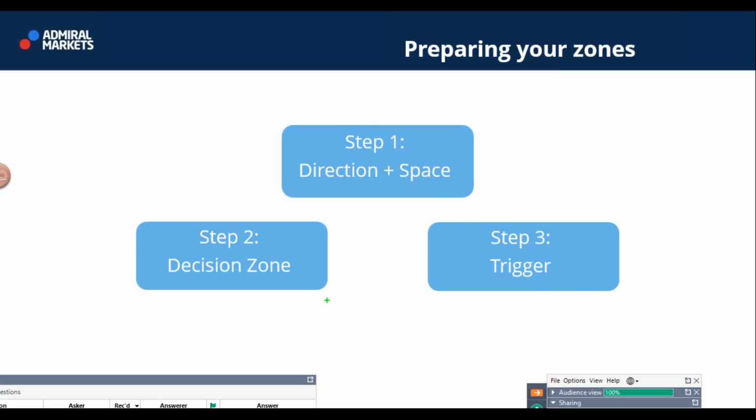So, for instance, there could be an uptrend like this, right? And I put a fib from this bottom to this top, and I say, okay, if price gets to my decision zone, which could be the 38.2 fib, that's where I want price to be.